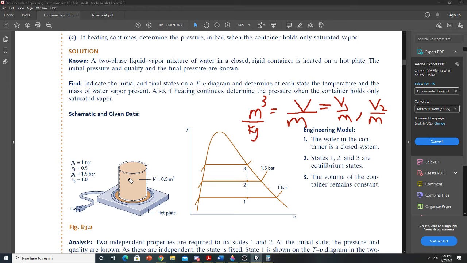Which means that mass 1 and mass 2 must be the same, which means that specific volume 1 and specific volume 2 are the same number, right? So little v1 is equal to little v2. Does everybody see how that worked out before I move on?